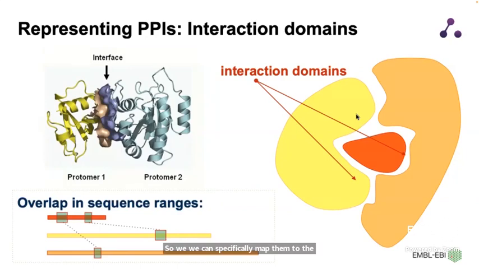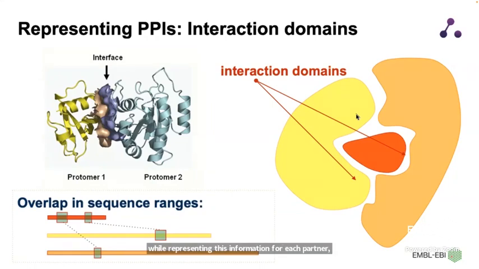The domain can be represented as a specific range of the underlying amino acid sequence. So when a single protein is able to interact with multiple interaction partners, it means it has different binding domains for each partner, and while representing this information in databases, we can try to map them to UniProt sequences.